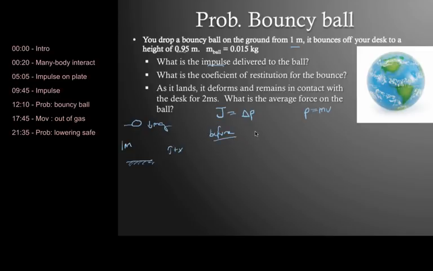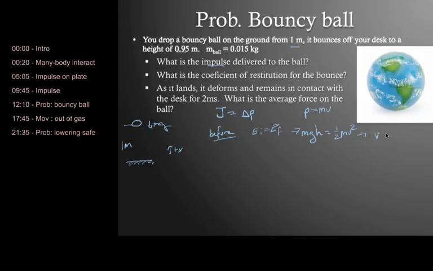So we can just use energy conservation. E_i equals E_f. And so what I'm going to end up with, initially I have all this potential energy, I have mgh. And then it's going to fall that 1 meter, converting all that potential energy into kinetic energy, 1/2 mv squared.